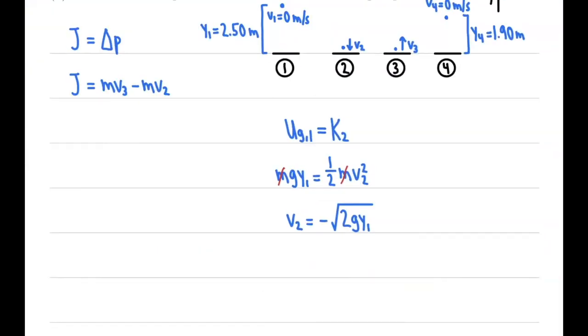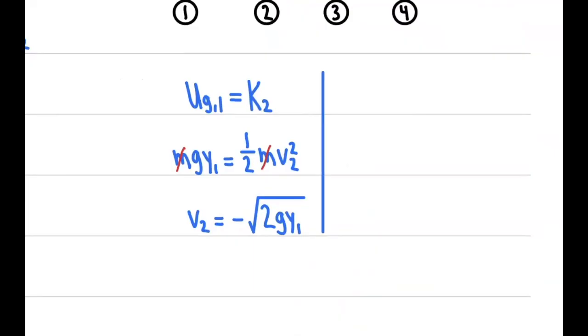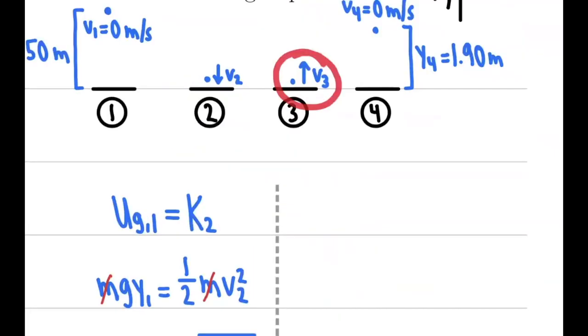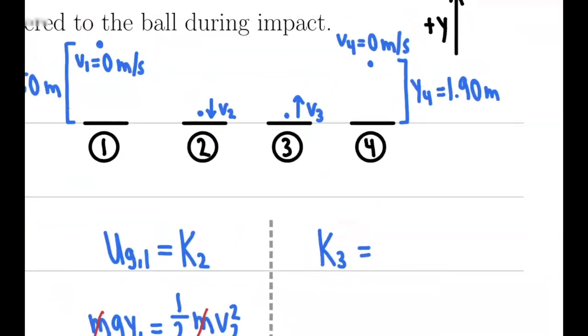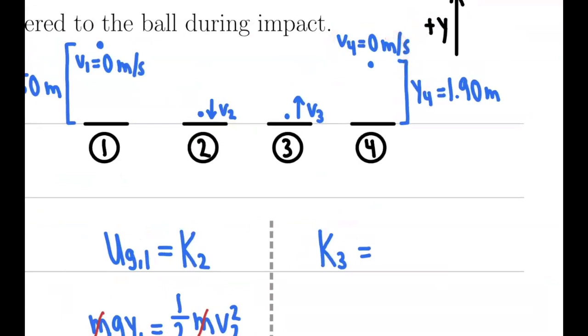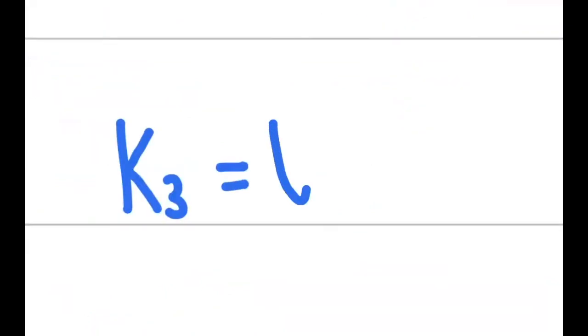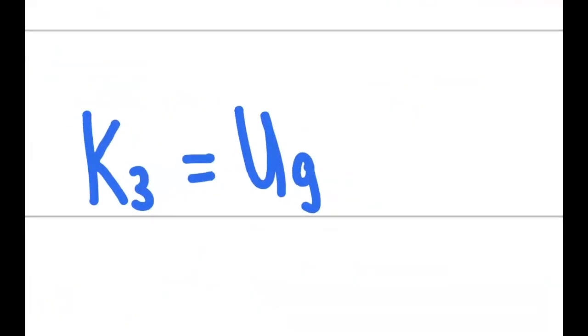All right, and then it's the same idea for finding v3. Initially, it's all kinetic energy. So K3 equals, and then at 4, it's all gravitational potential energy because the velocity is 0. So K3 equals UG4.